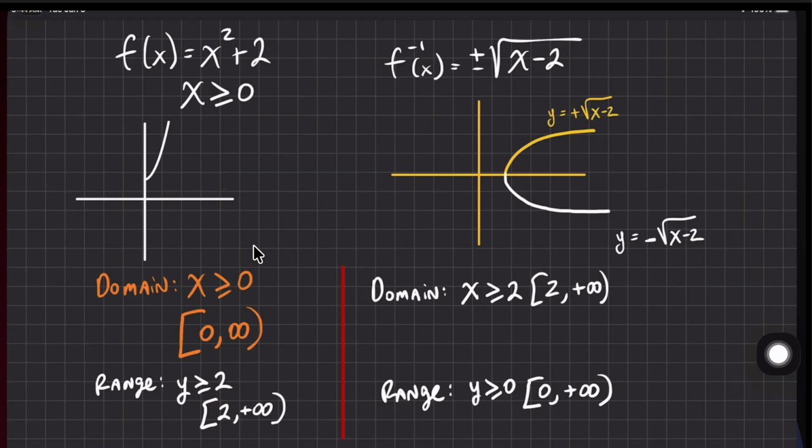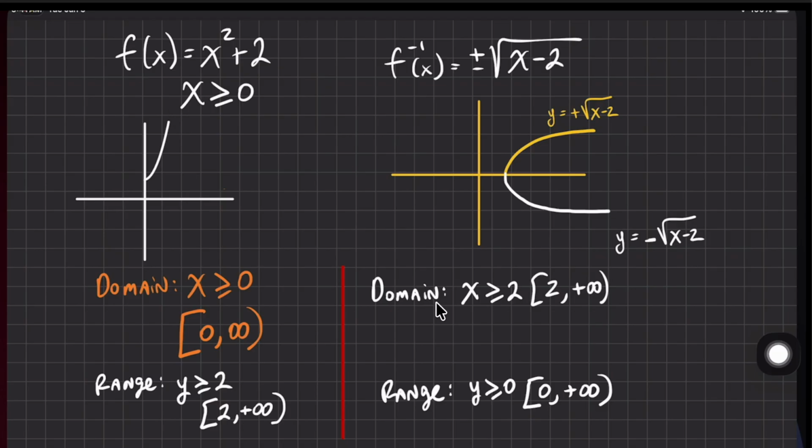Recall, when you have a function and you take its inverse, the domain and the range switch. So on our original function, we restricted our domain to x is greater than or equal to 0. So x is between 0 and positive infinity. You see it here. The range is going to be y greater than or equal to 2, or the y value goes from 2 towards positive infinity.